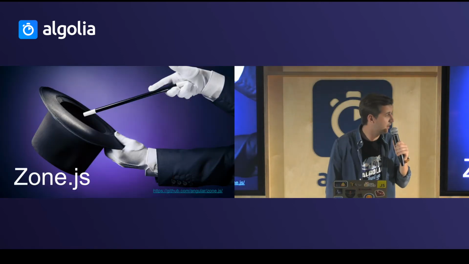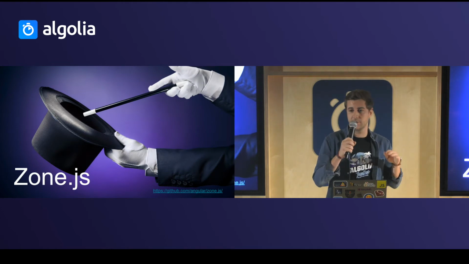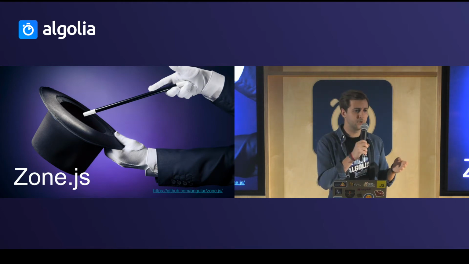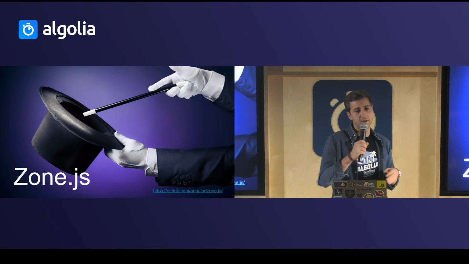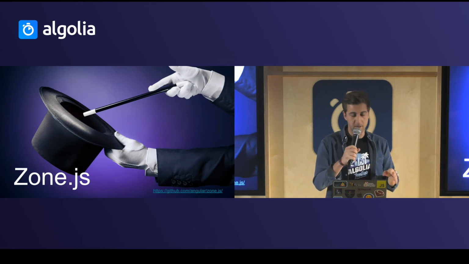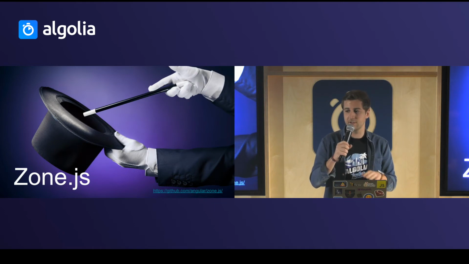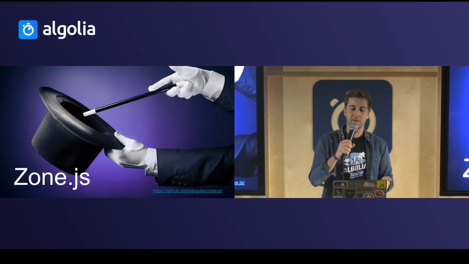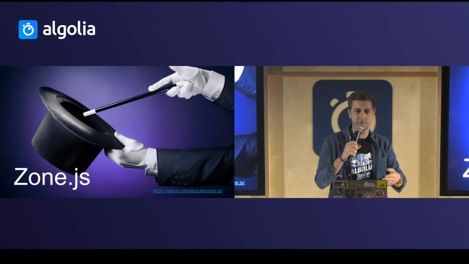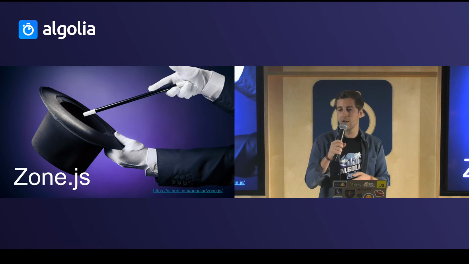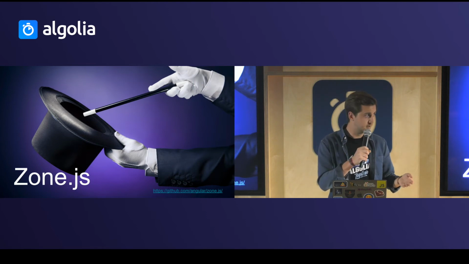Zone.js, yes. So there is something quite obscure in Angular. Maybe you've heard of it. It's Zone.js. It does a lot of stuff, and I'm not really sure of everything that it's doing. But one of these things is that it's rewriting all the JavaScript functions that are asynchronous, like setTimeout, setInterval, promises, and HTTP requests in the end.